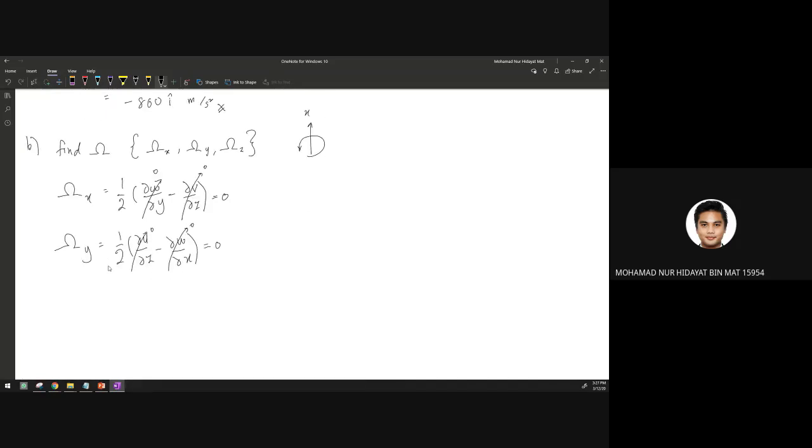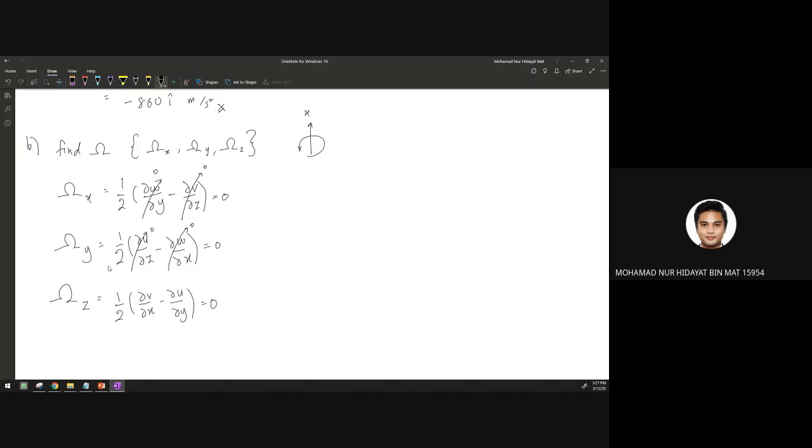Let's take a look. So one half, this is average in terms of z: partial derivative of v over partial derivative of x minus u over y. So we can say that angular velocity in z direction is delta v over delta x.